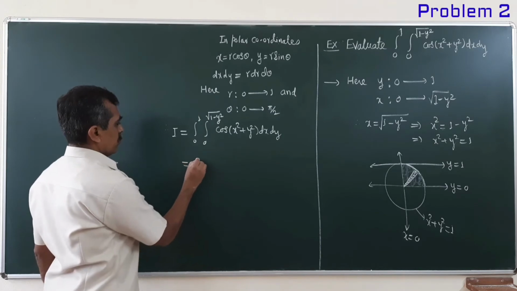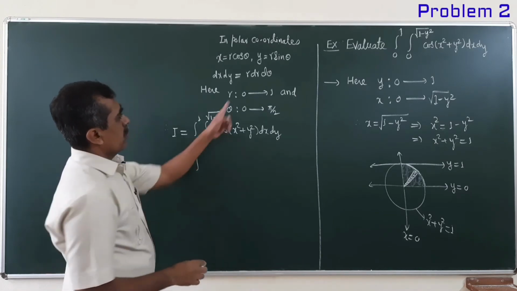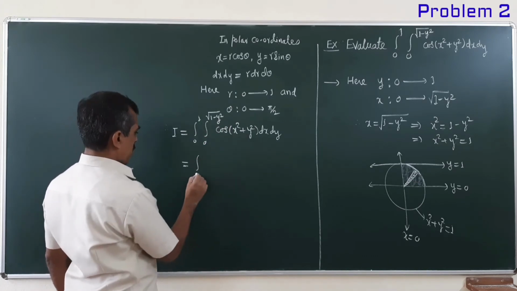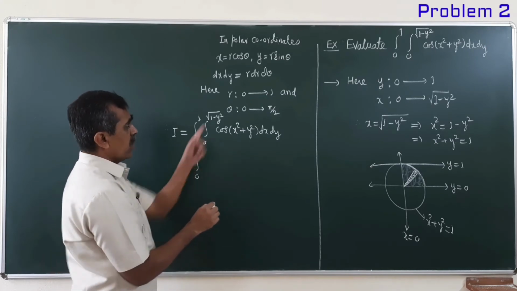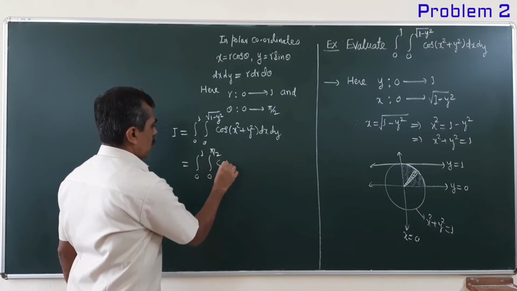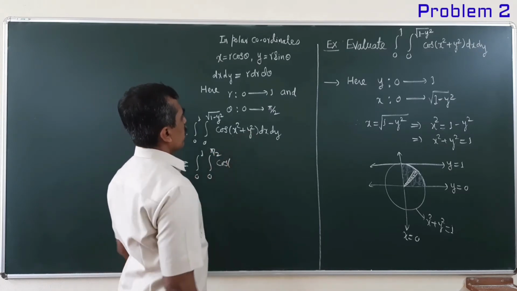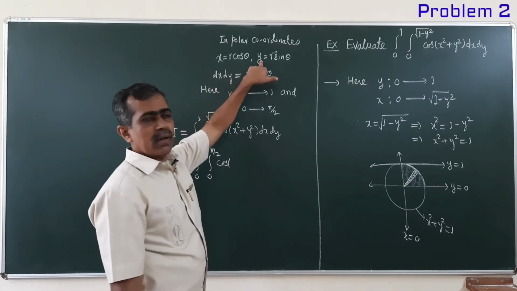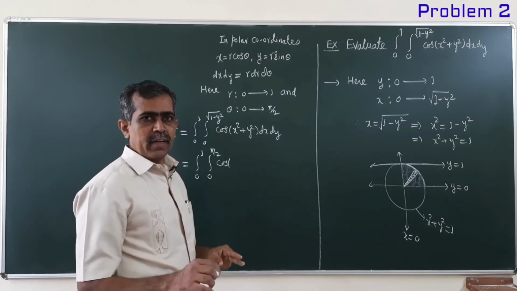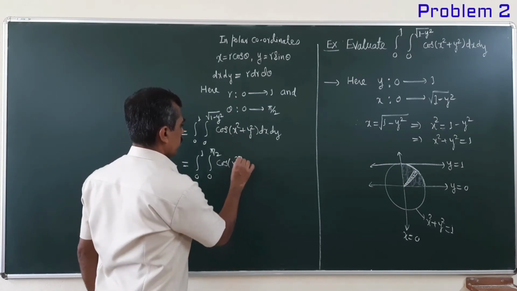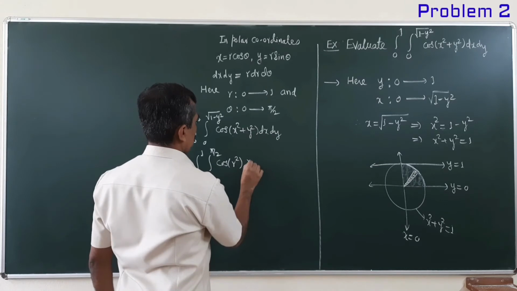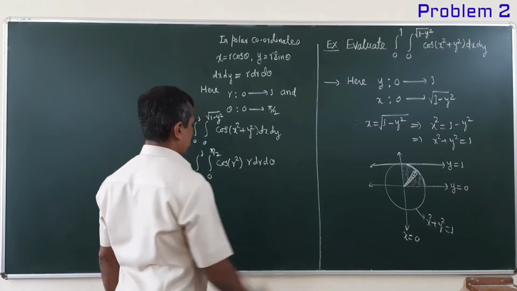This equals integral, r runs from 0 to 1, theta runs from 0 to pi by 2, cos of x square plus y square, which is r square cos square theta plus r square sin square theta. So r square into bracket cos square plus sin square, and that will be simply r square. So cos of r square, and dx dy is r dr d theta.